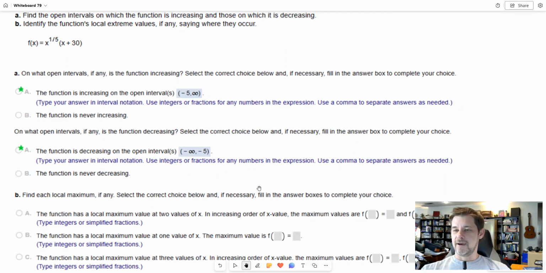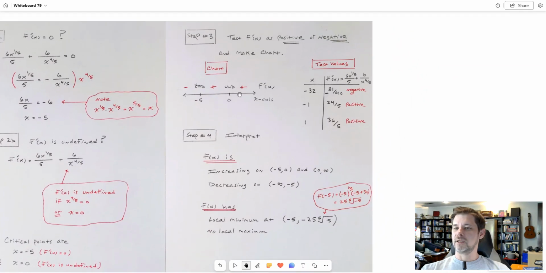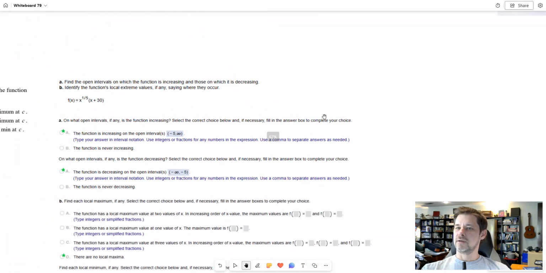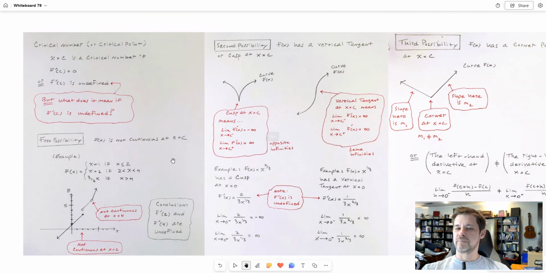All right, now additionally, I wanted to talk about what's going on here. See this critical number, this critical point where the derivative's undefined? So I made a video already about all the possibilities that we could see if the derivative was undefined. So if we had a critical number, it was the type of critical number where the derivative's undefined. I wanted to talk a little bit about what that could mean.